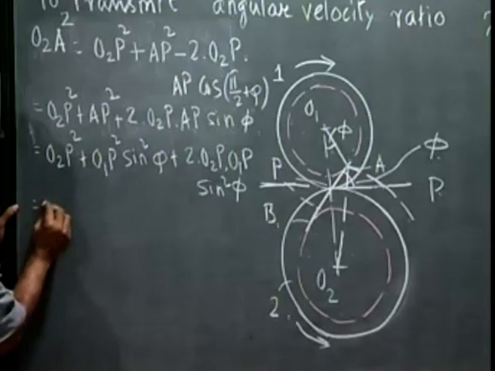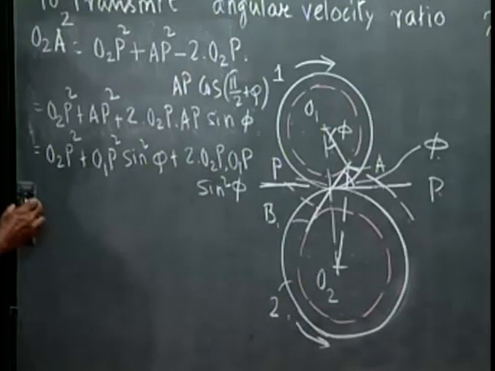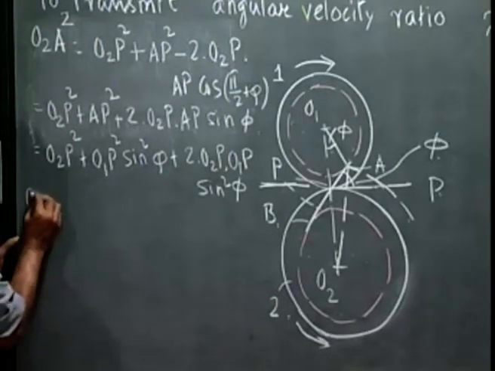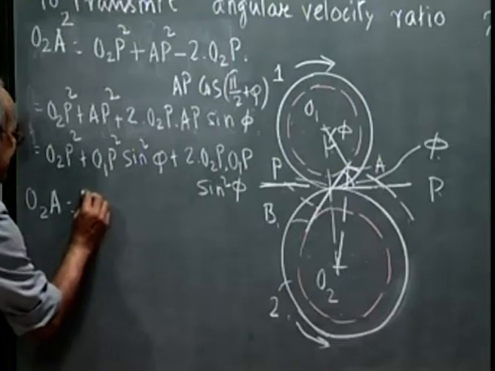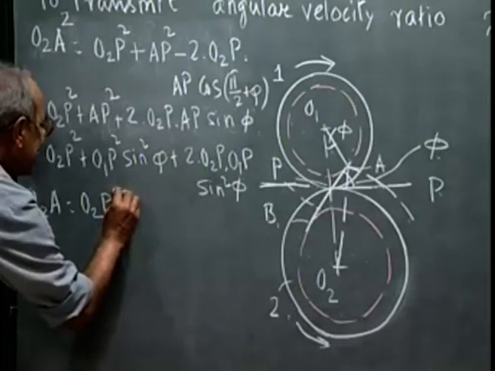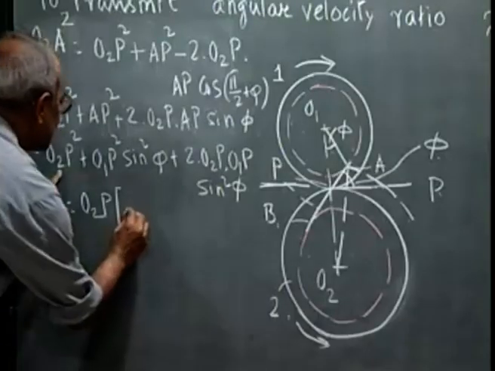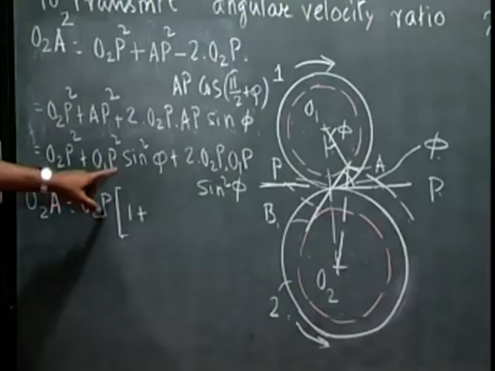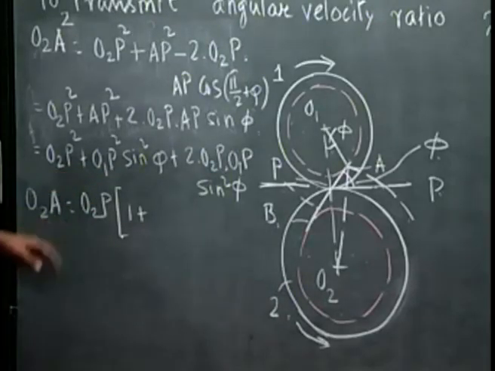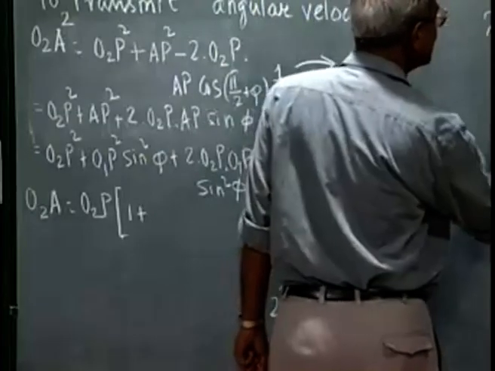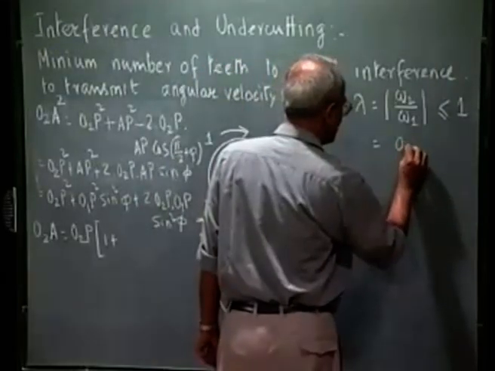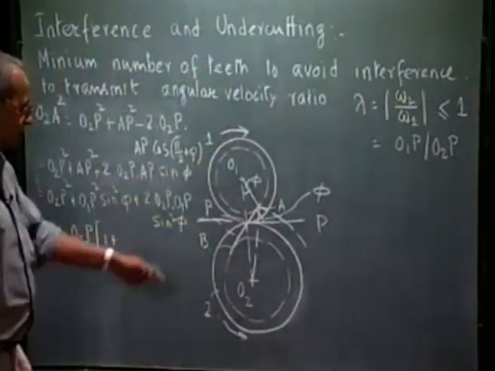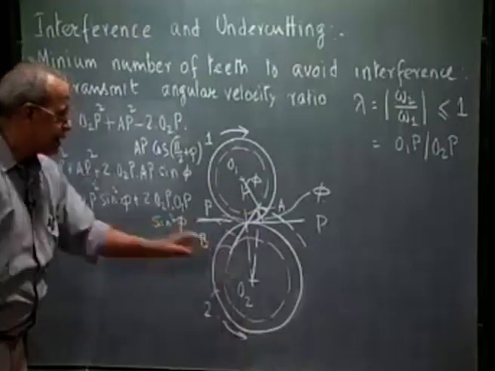So now if I take O2P common from this expression and take the square root, I get O2A is O2P into, from here I get 1, here I get O1P squared divided by O2P squared, and if you remember lambda, this was equal to O1P by O2P. The speed ratio is nothing but the pitch circle radius ratio.